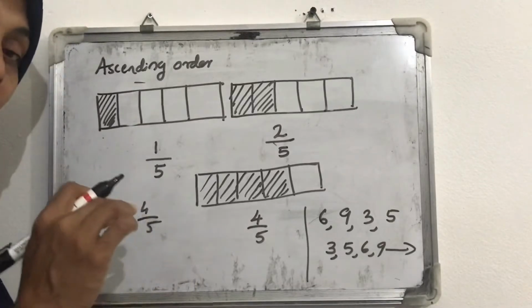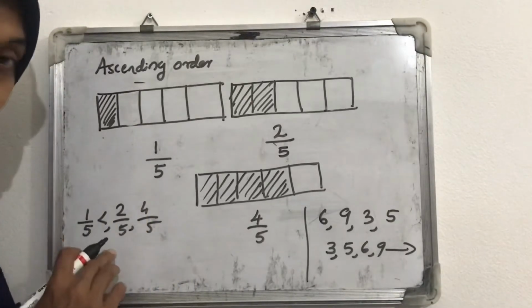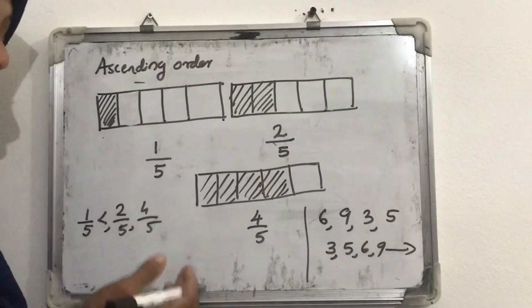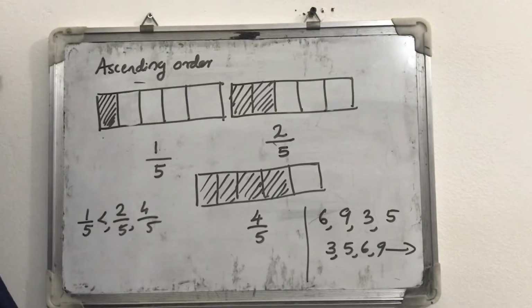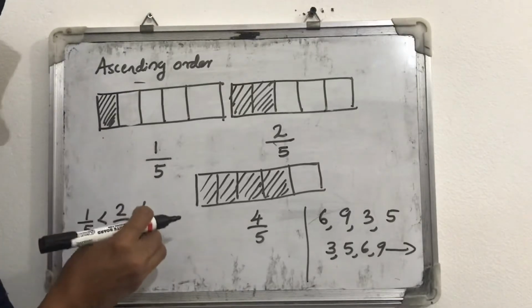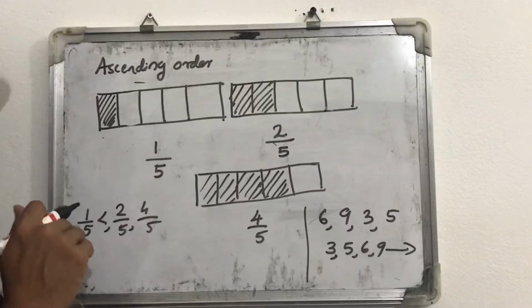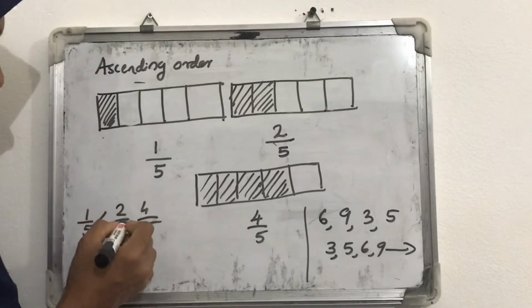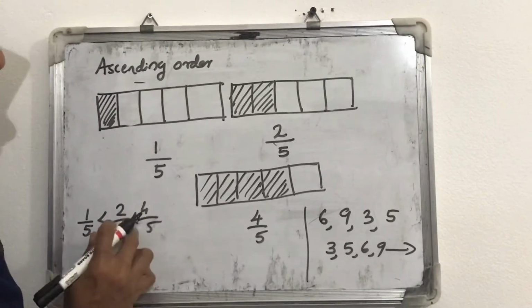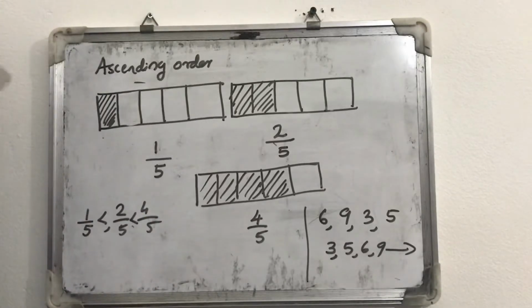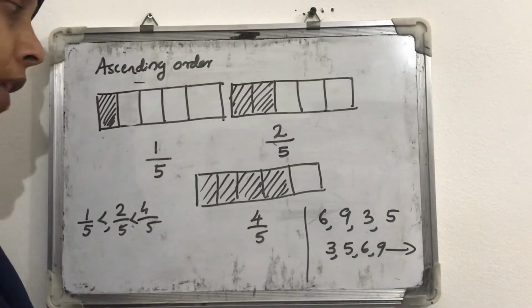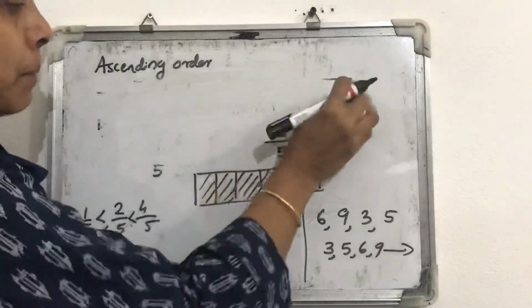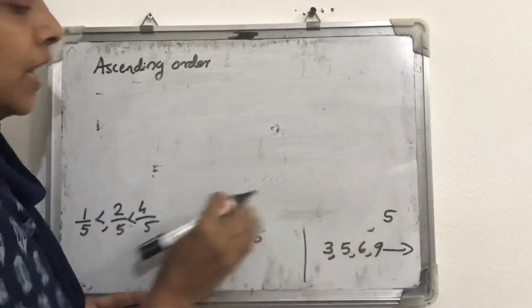Here all the denominators are same, so we compare the numerators only. The smaller numerator we write first, the next bigger as the next. So 1 by 5 is less than 2 by 5 is less than 4 by 5. So without drawing a figure also we can write numbers in ascending or descending order.